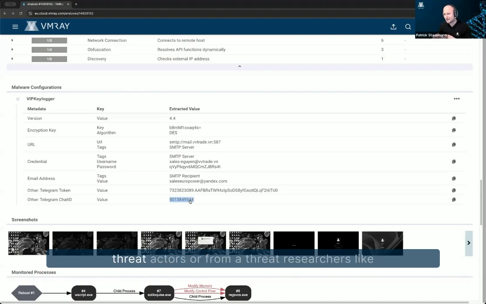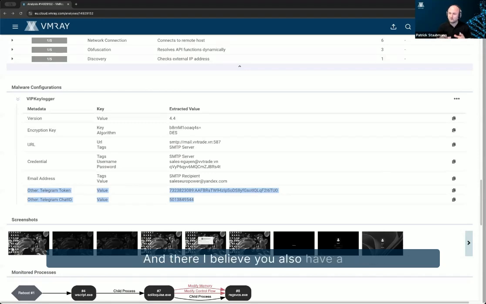From a threat researcher's point of view, from a defender's point of view, this is actually valuable information that you can use to track down specific operators. You can find clusters. You can even find maybe operators that are using multiple different malware families. So we just recently looked into one of those Telegram bots here, whereas the bot name was indicating something like VIP snake, whatever, right?